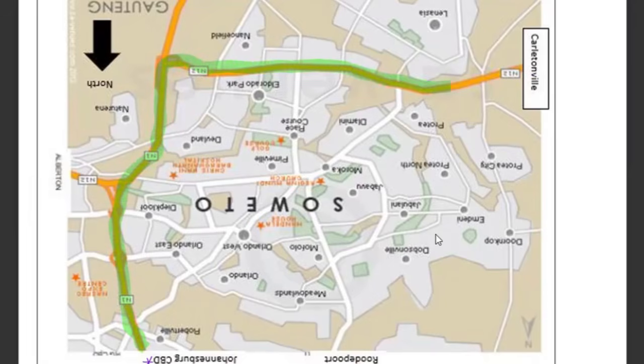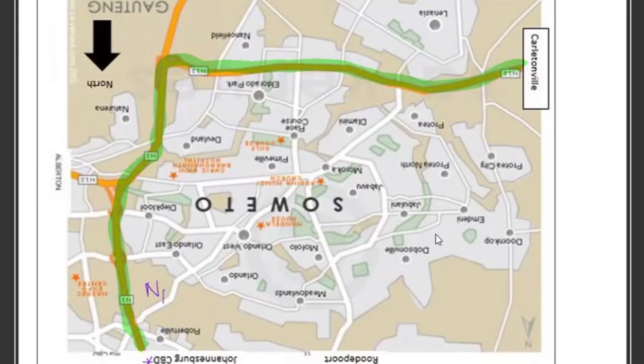This is what you're going to describe. So now what we need to know, what are the roads? By the way, as you move, what road are you using? Now from Johannesburg CBD, you're using N1.